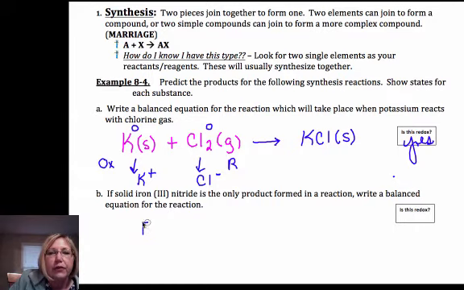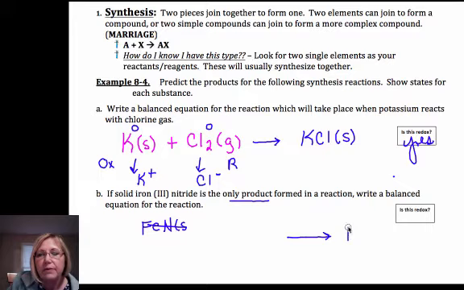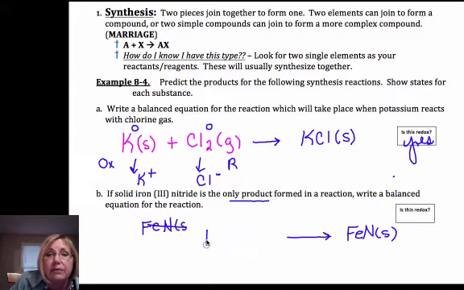I have iron 3 nitride, and it said it's a solid. Notice it said it's the only product formed. So let me make sure I put that on the correct side of the arrow. So I have iron 3 nitride formed. Again, the only time I'm going to have to predict a synthesis is from elements.